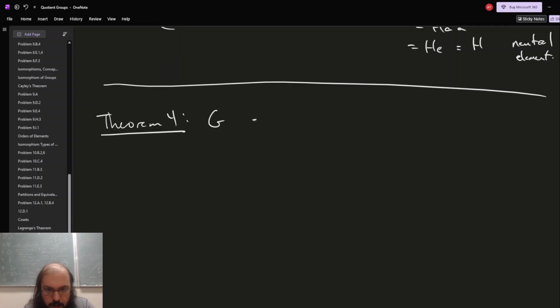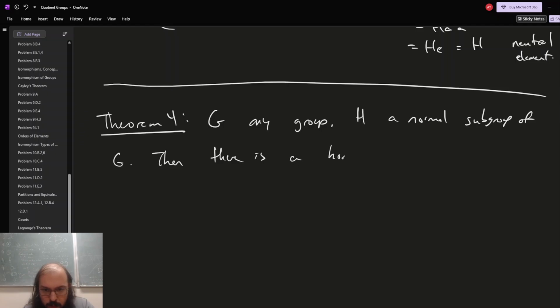G any group, H a normal subgroup of G, then there is a homomorphism G to G mod H. In other words, we are showing that G mod H is a possible image of a homomorphism.